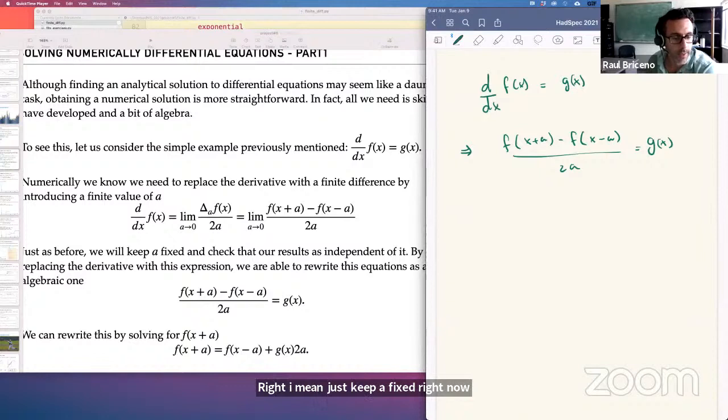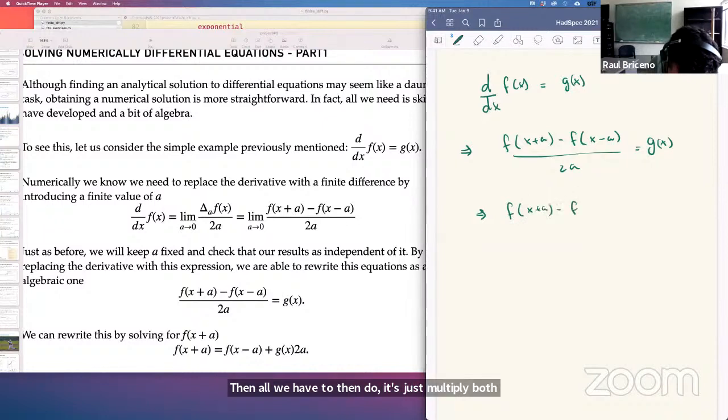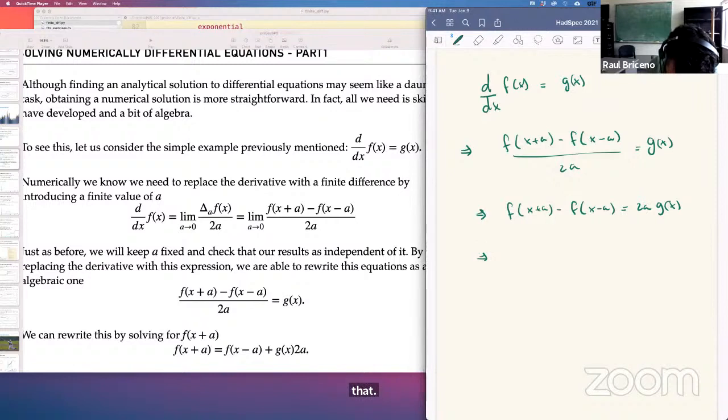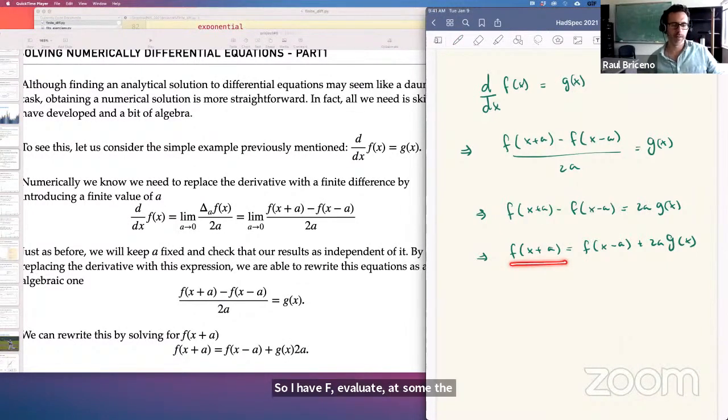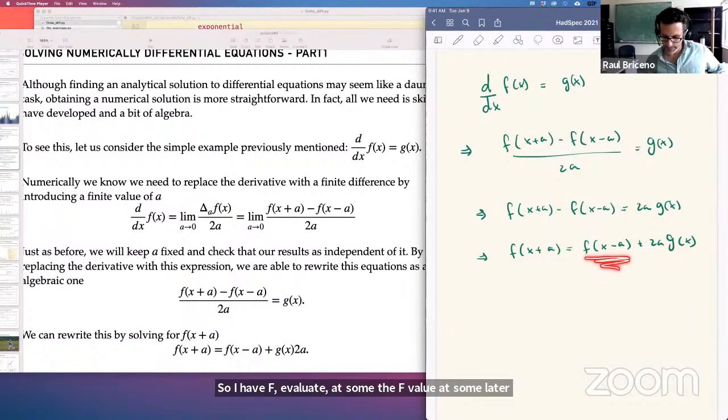Then all we have to then do is just multiply both sides by 2a. So I get that, and then I'll subtract both sides by f of x minus a. And so voila. So then I have that f evaluated at some later time is equal to the original f value, right?